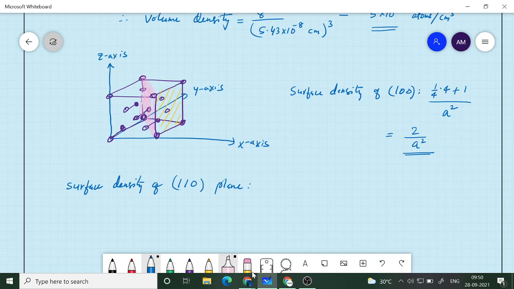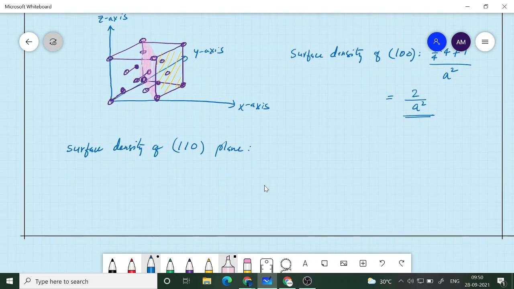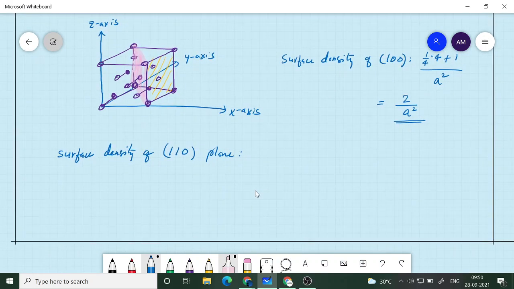Okay, and since everything is symmetric from every direction, you could also consider this other diagonal, but whichever it may be, we need to know how many atoms are there in this plane, the part of that area that we have shaded. So there are 4 atoms at the corner, one in each corner.